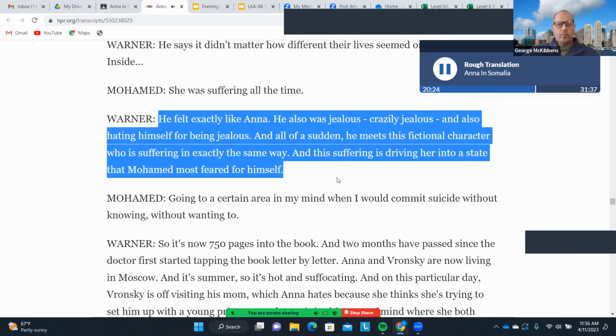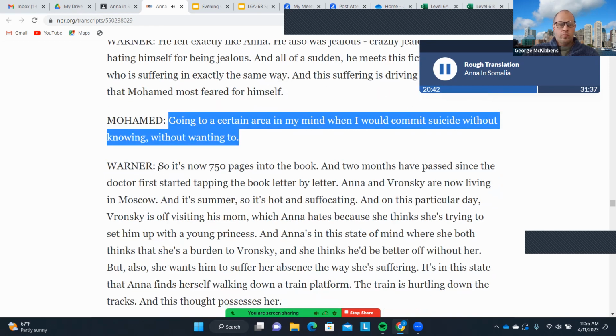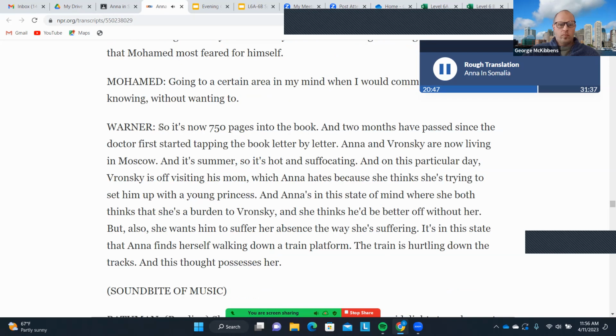He also was jealous, crazily jealous, and also hating himself for being jealous. And all of a sudden, he meets this fictional character who is suffering in exactly the same way. And this suffering is driving her into a state that Mohammed most feared for himself. Going to a certain area in my mind when I would commit suicide without knowing, without wanting to.